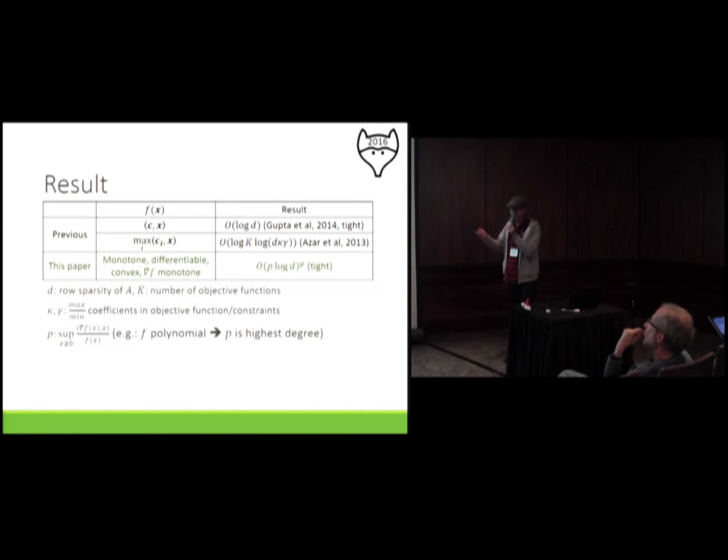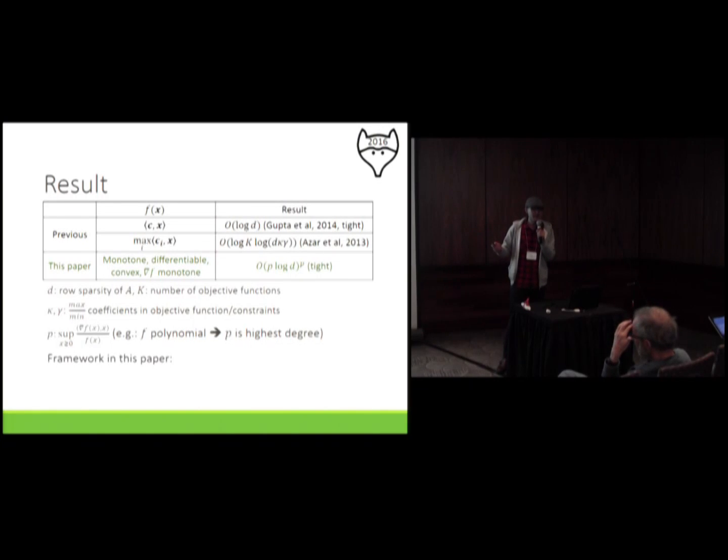For this kind of functions, we get O(p log(d/p)) performance ratio. Here, p is the degree of a function. Basically, p means if f is a polynomial function satisfying all the conditions above, then p is the highest degree. And d means the density of A, which is always smaller than or equal to the total number of variables.